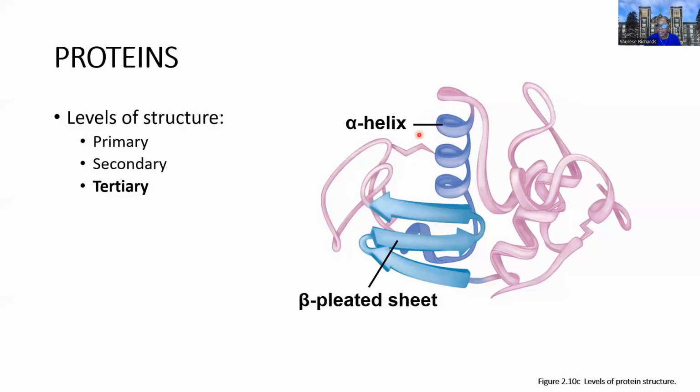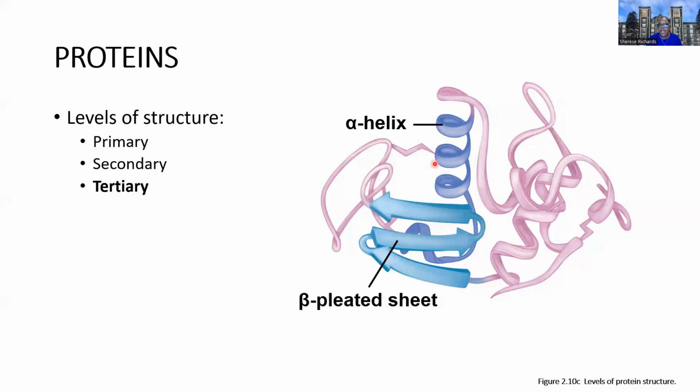We have an alpha helix also sort of bound in there in the blue, this darker blue, and then we have a beta pleated sheet that is also bound in the lighter blue. So this is one general molecule. It's much more complex. This would be more like a receptor or maybe an enzyme of some sort.